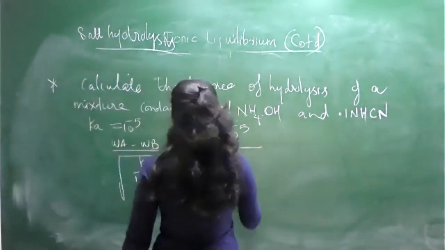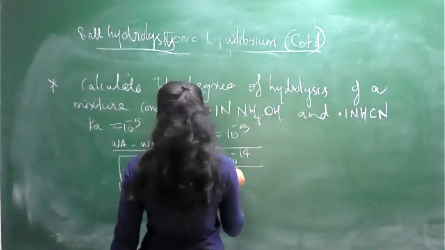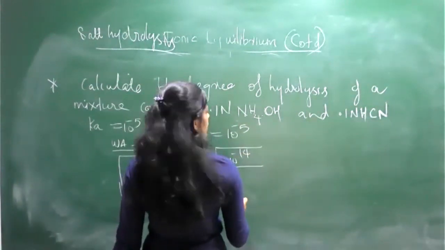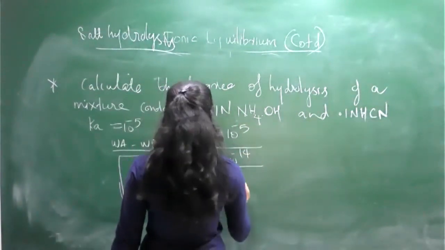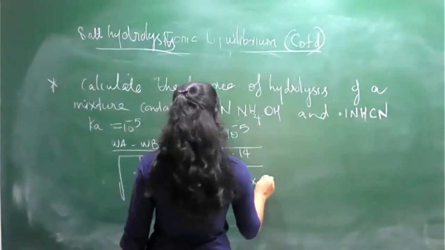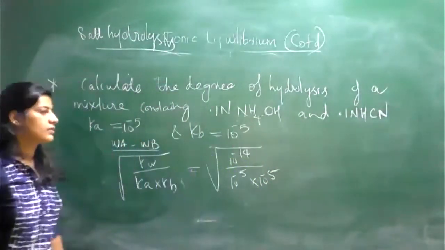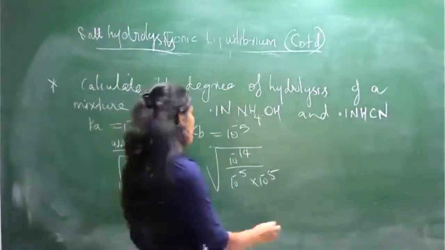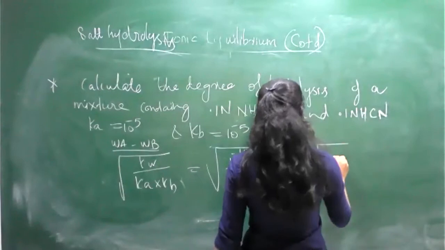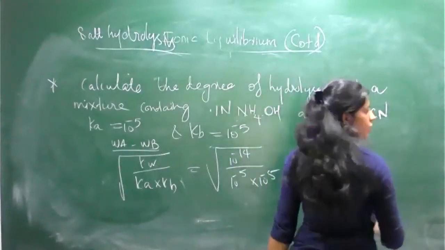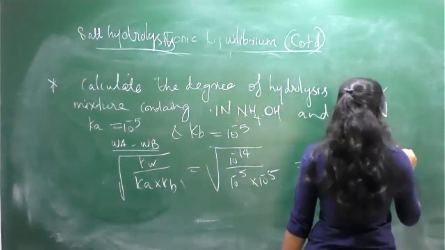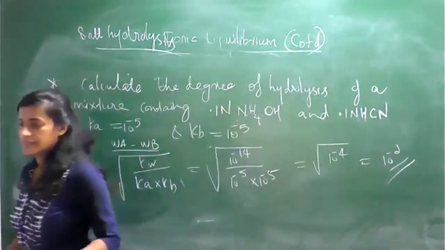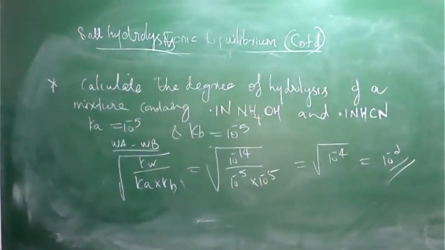Root of 10 to the power minus 14 divided by minus 5 into minus 5. Then we will get 10 to the power minus 4, which is equal to 10 to the power minus 2 percent. Yeah, correct, Sejal.